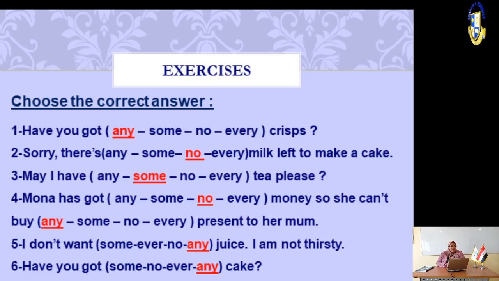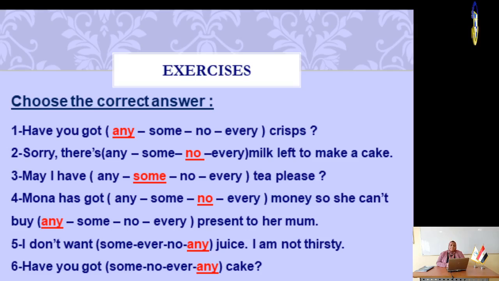Because the meaning here is negative, but actually the sentence itself is an affirmative sentence. Number 3, may I have tea, please? Now this is a request. I'm asking for some tea. So may I have some tea, please?